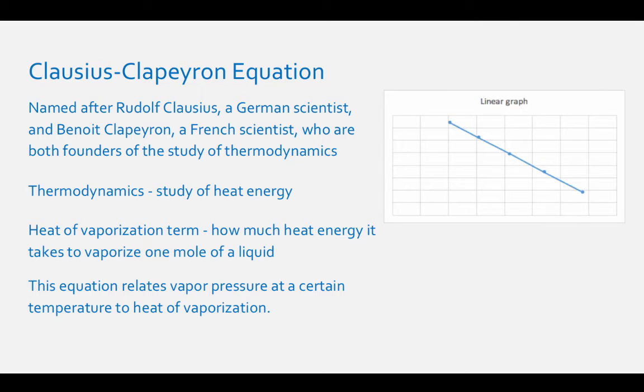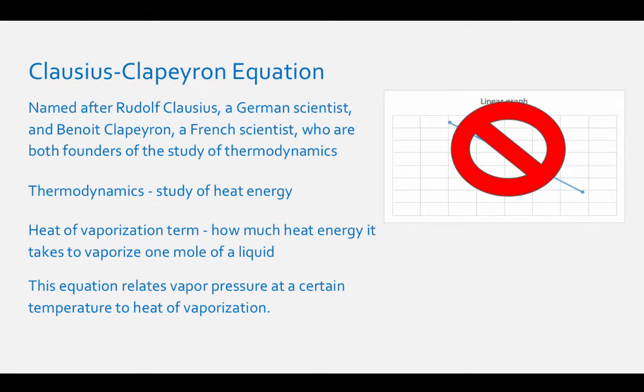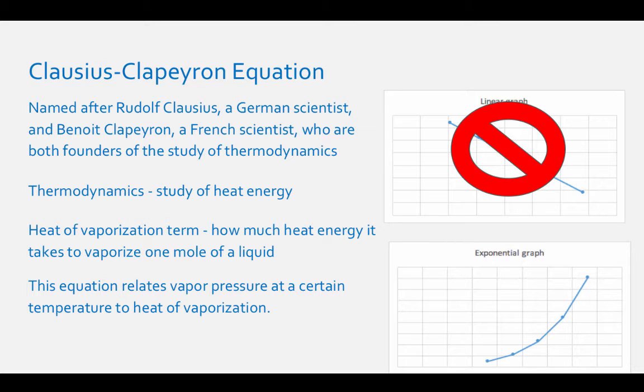There is not a linear relationship between temperature and vapor pressure. Rather, there is an exponential relationship. The equation is that the vapor pressure of a liquid equals a constant times the exponent of the negative of the heat of vaporization divided by the gas constant and the absolute temperature.